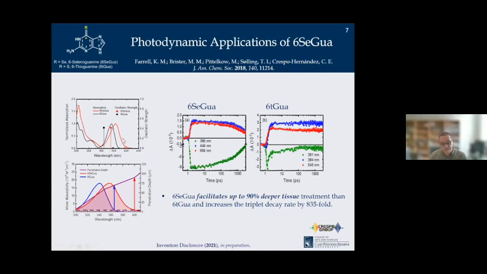We showed that that's actually the case. We can displace the absorption spectra, but not enough. It still stays in the near visible region of the absorption spectra. However, we can increase the so-called penetration depth in a tissue. We can increase the penetration depth by almost 90% by a single atom substitution.